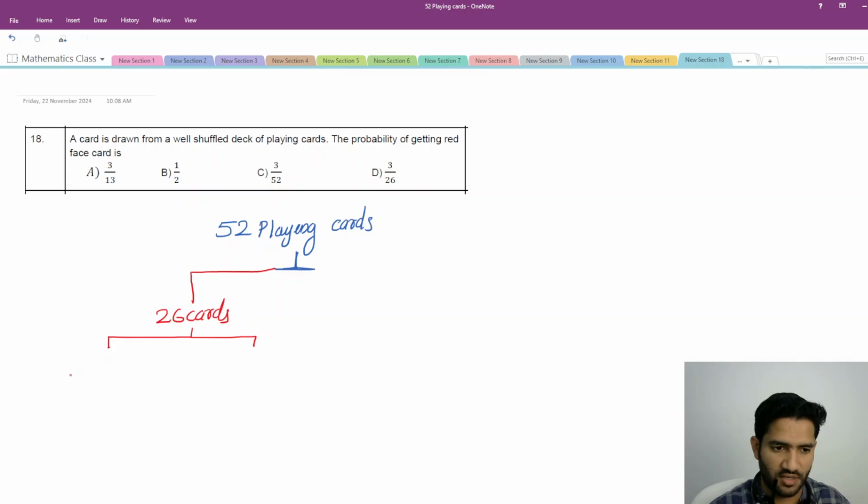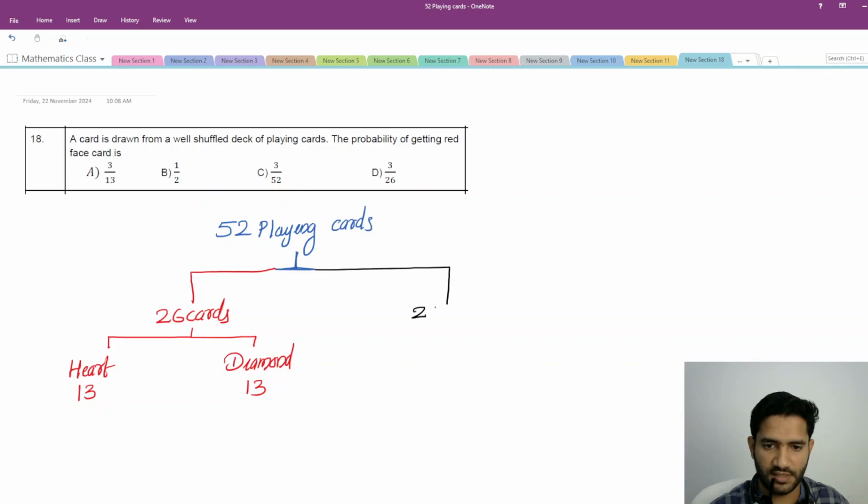In these 26 cards we can find two suits: heart and diamond. 13 hearts are there, 13 diamonds are there. Both are red color. And we have black colored cards: 26 cards with black.